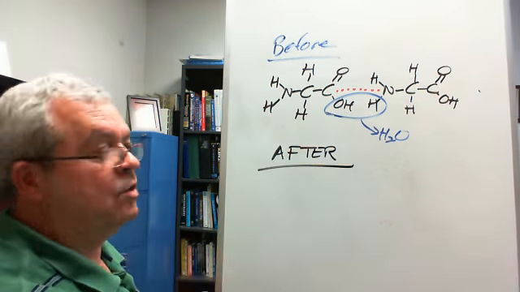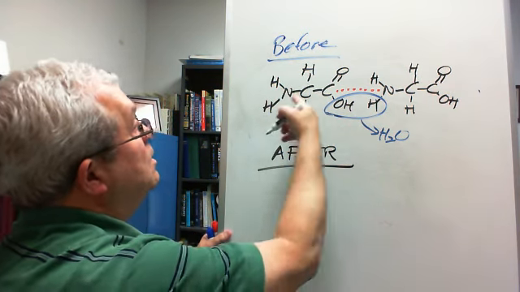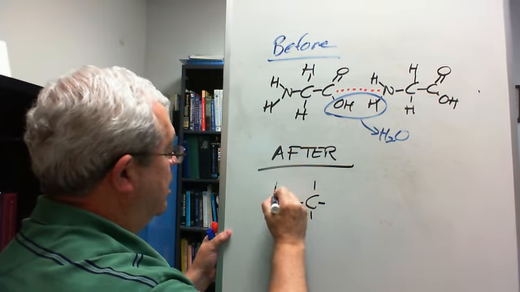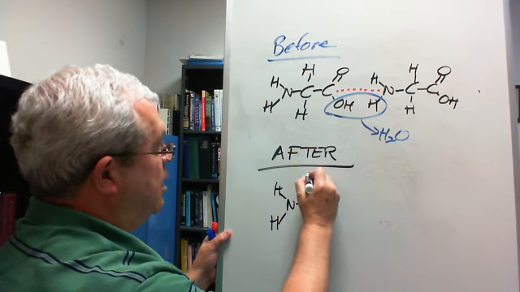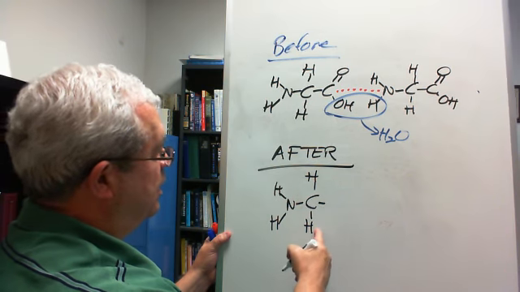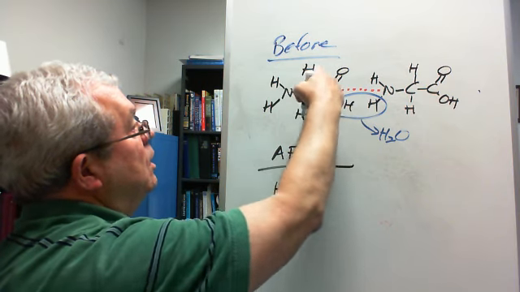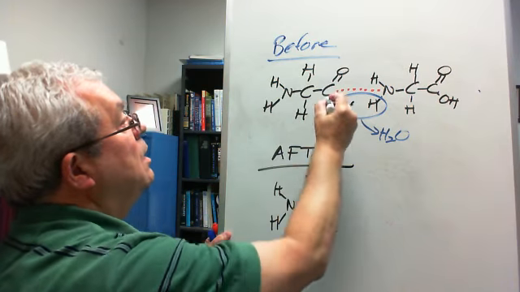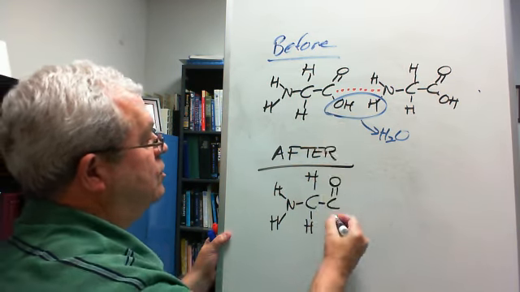After the two molecules are joined together, I'm going to kind of start from the left and work across to the right. So we'll start with what we've got here. There's my amino group. There's the central carbon with the hydrogen, the R group, which is also hydrogen. But then we got some changes here. We have this carbon right here, and it still has a double bond to an oxygen, but it lost its OH group, right?